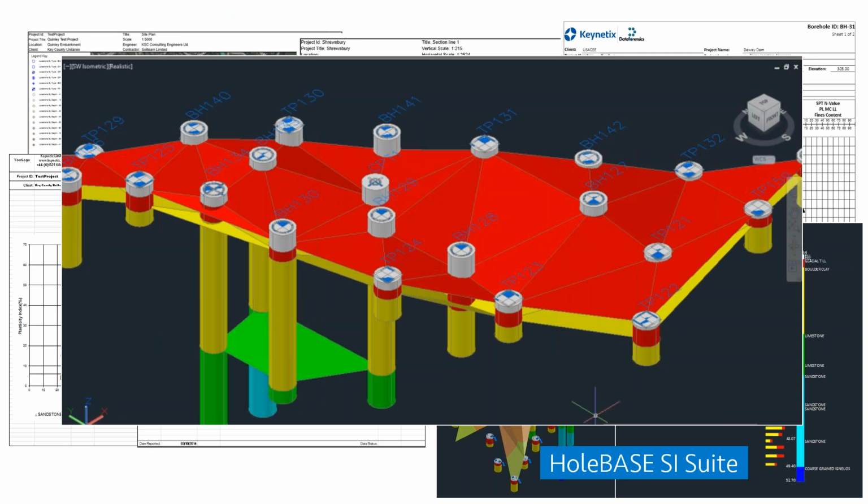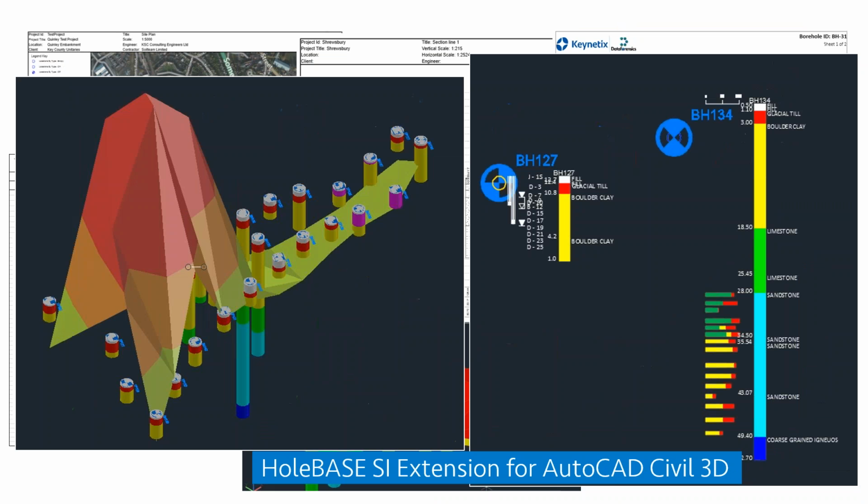And in the same way, we could link the geotechnical module into the central database. You use the geotechnical module functionality, or you could link in its big brother, which is the Holebase SI extension for AutoCAD Civil 3D, that does all what the geotechnical module does, but has access to all of the other data that you may want to manage inside for geotechnics.